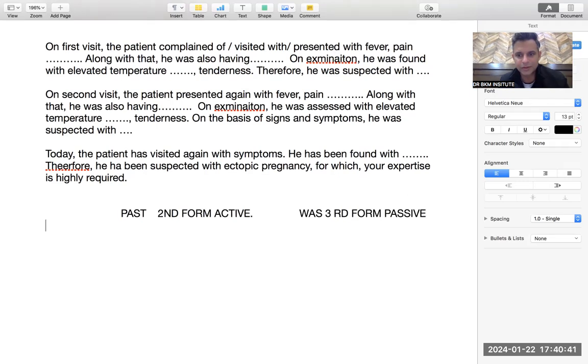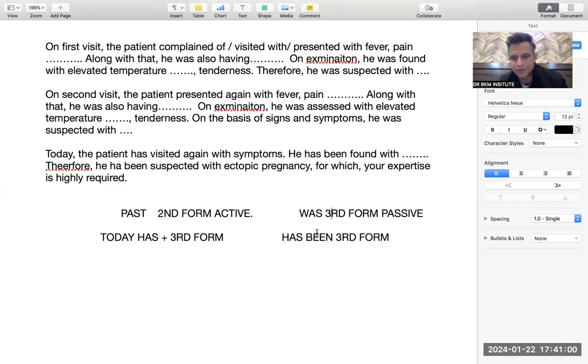And in case of today: has plus third form, and passive voice: has been third form. What you can understand is that passive voice third form would always be there.